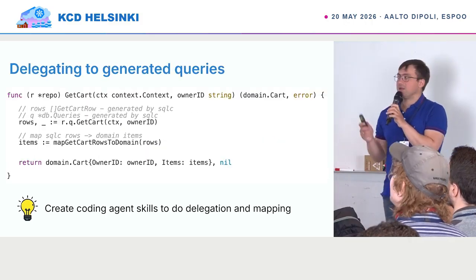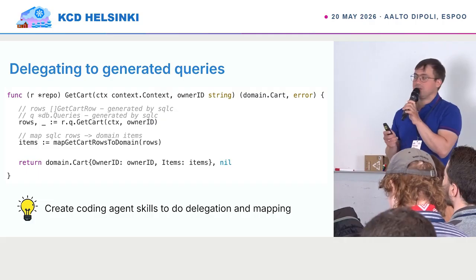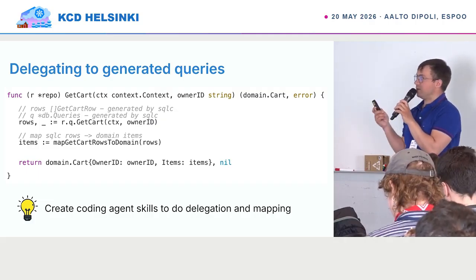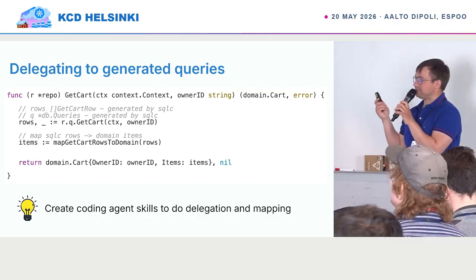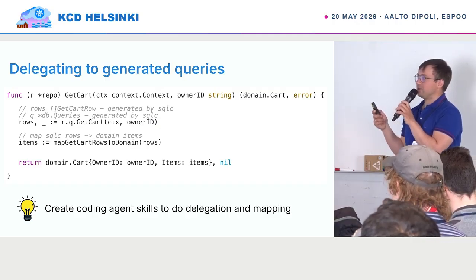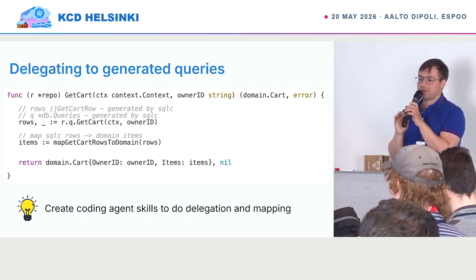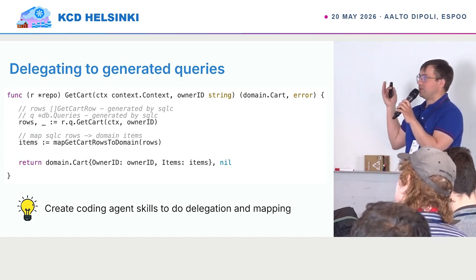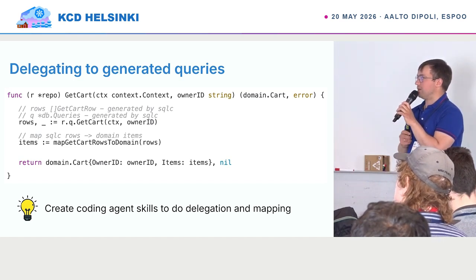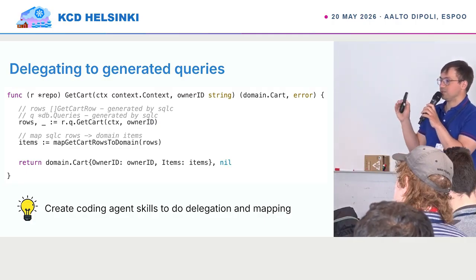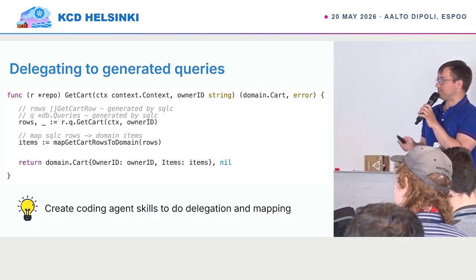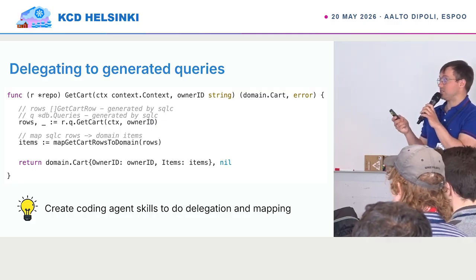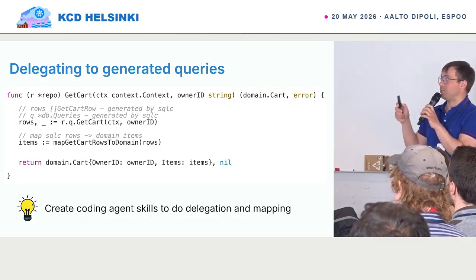The idea is that we implement the repository and delegate to the queries generated by sqlc, and then do the mapping where necessary. This way we can isolate sqlc and avoid it leaking into the business logic which uses the repository.